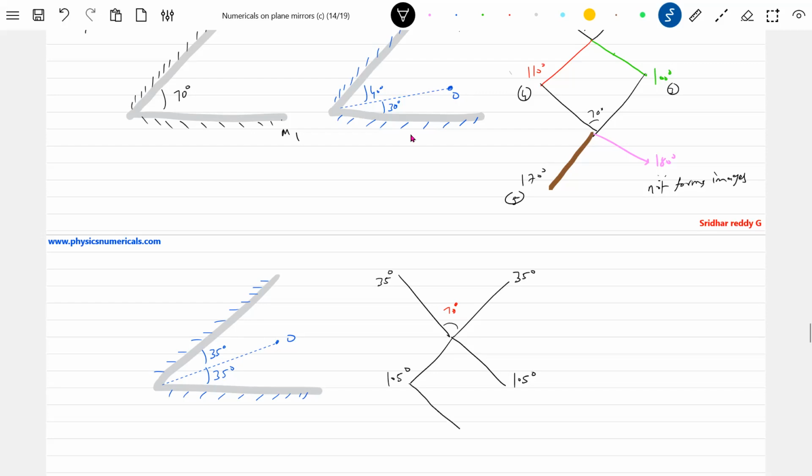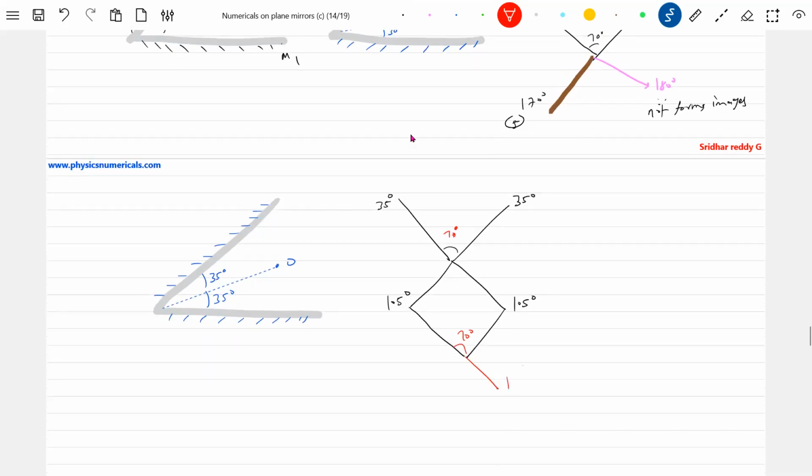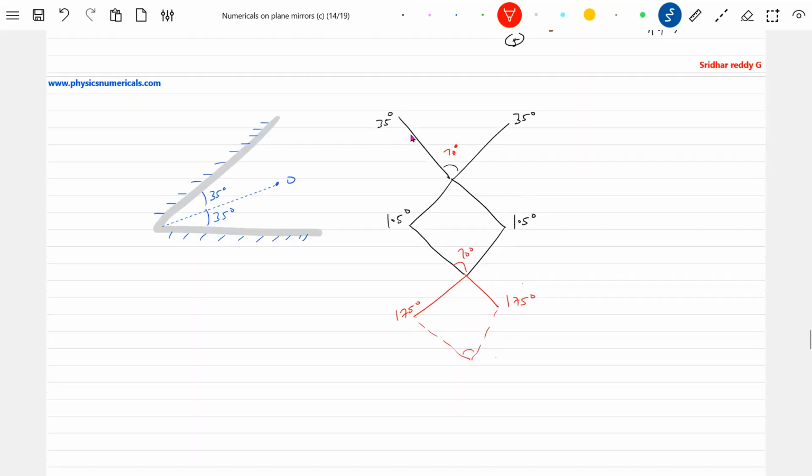Then the angle between mirrors is again 70 degrees. So then the next angle will correspond to 175. What is the angle between them? 70 degrees. So if you do this, this will become how much? 245, no? And this is again 245.